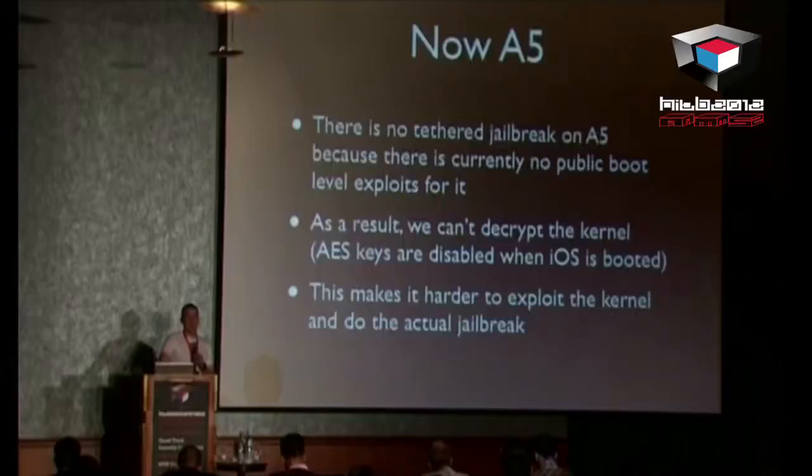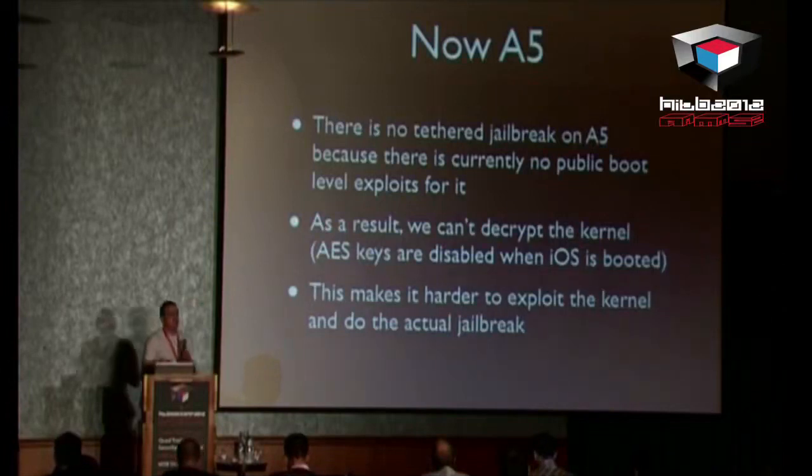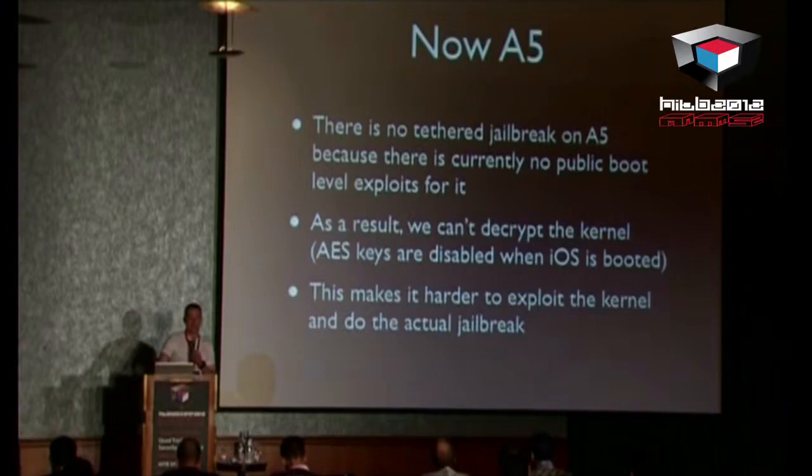So now A5. As some of you know, there's no tethered jailbreak on the A5. We don't have a boot level exploit for it, no limera1n. We don't have this backdoor to inject our stuff to the file system.